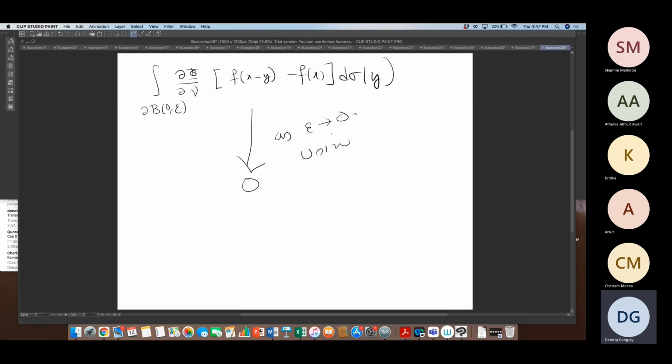Use continuity, because f is a continuous function. What is x minus y minus x? The modulus is mod y, so mod y is actually epsilon. As epsilon goes to 0, this will go to 0 using continuity of f. Clear? This goes to 0.